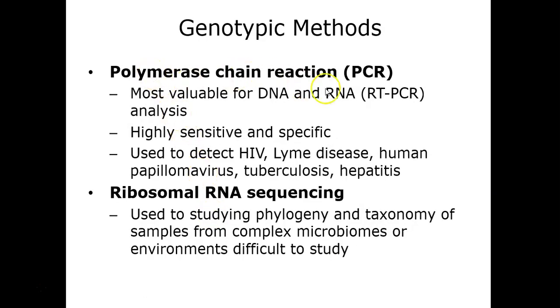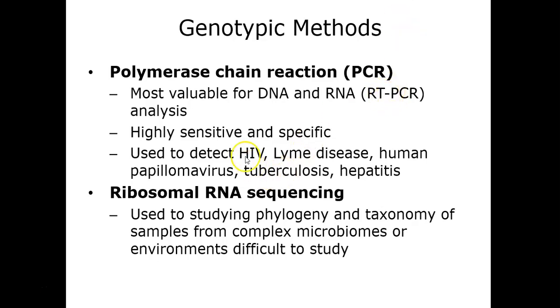We've got the PCR, or polymerase chain reaction. We mentioned PCR earlier. It's like a molecular Xerox machine. It's going to allow us to use a probe to make very large numbers of copies of a very small piece of DNA. So it's a very sensitive and specific reaction.